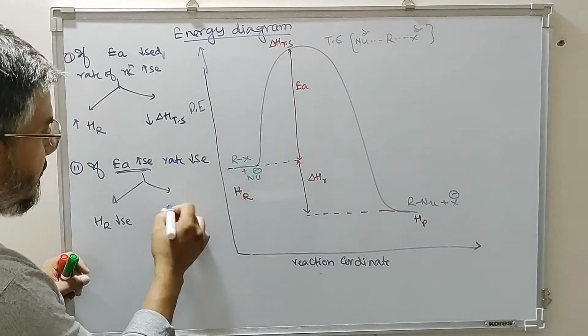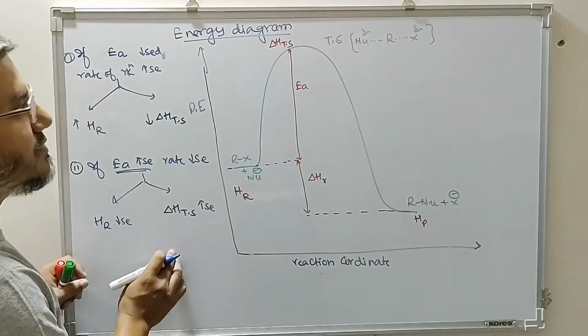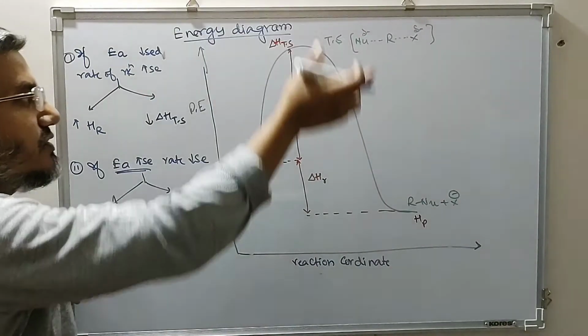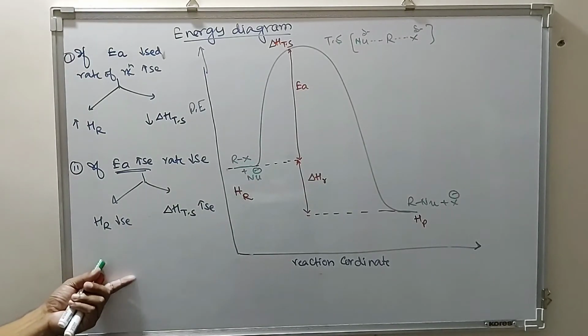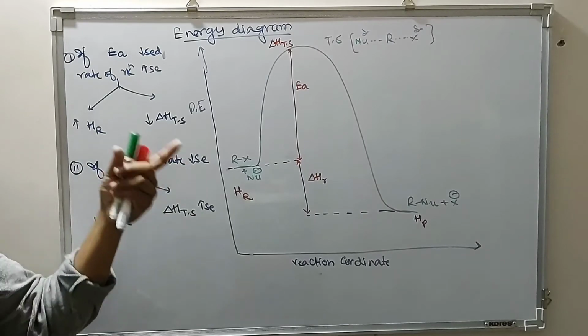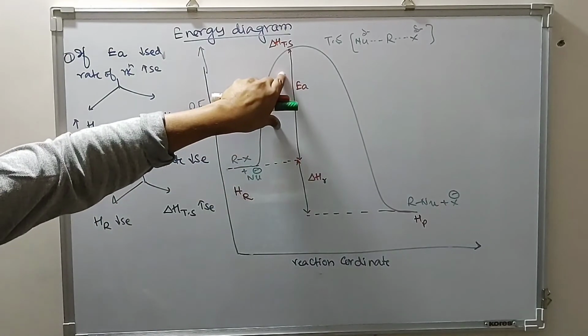Or if the enthalpy of the transition state is increased, meaning if the transition state is destabilized, then activation energy increases and the rate of reaction decreases. So by any means we have to decrease this energy gap.